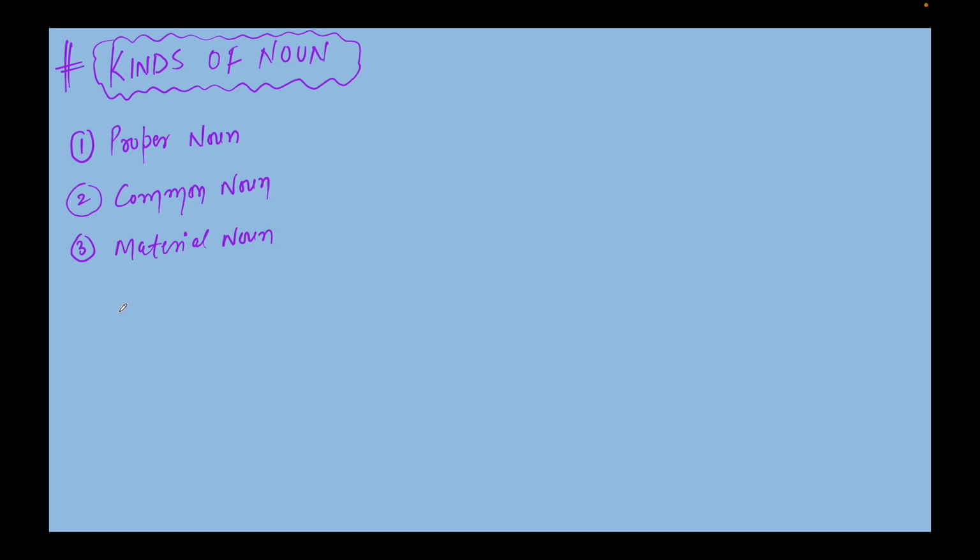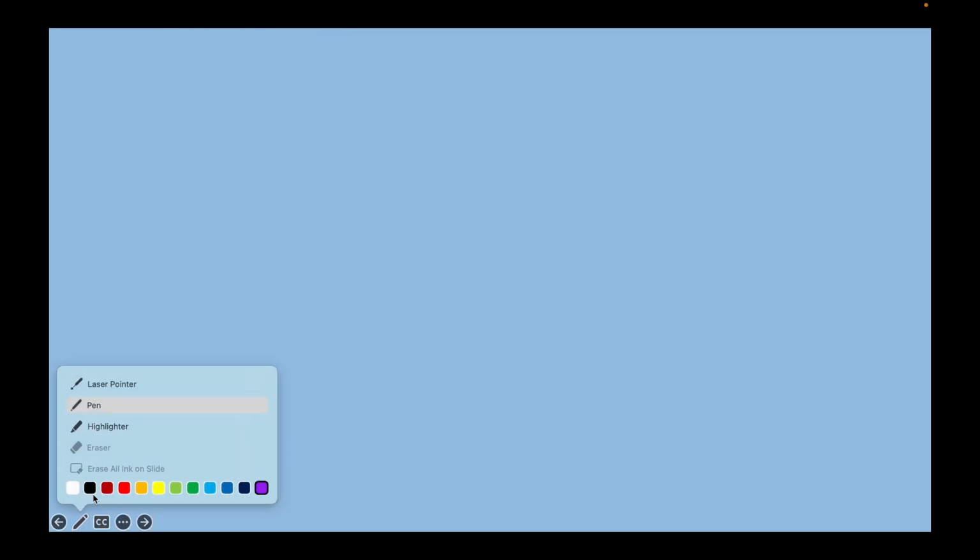Fourth one, collective noun. What about fifth? That is abstract noun. So basically, these are the kinds of noun. There are five kinds of noun, and one by one we will discuss. Let's take the first, which is a proper noun.